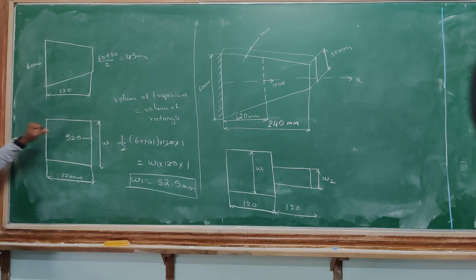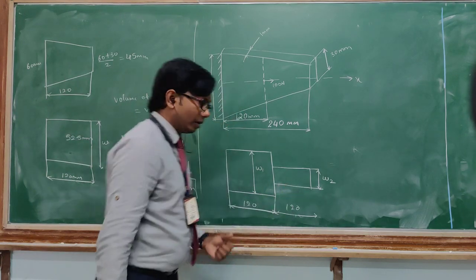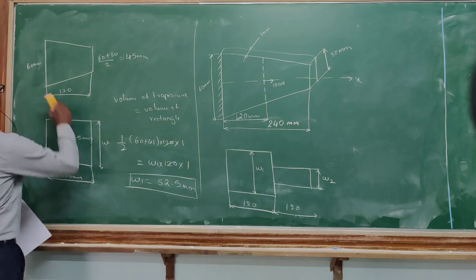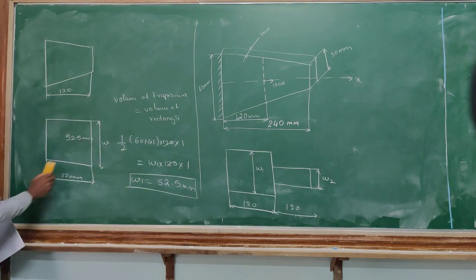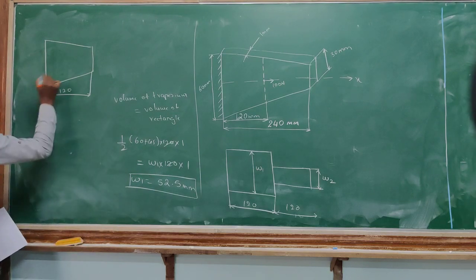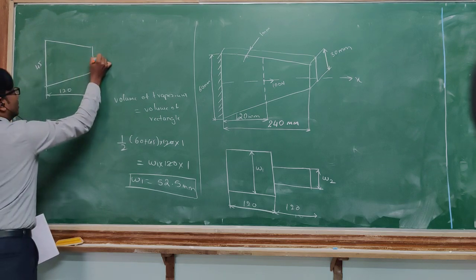Next we will find this equivalent width. I'll rub out here and take this as a base. On the other side, this will be 45 and this is 30.